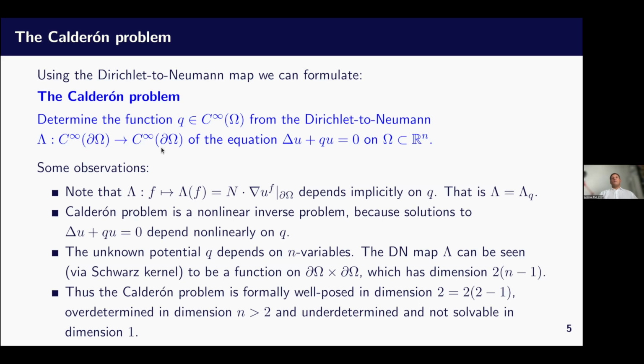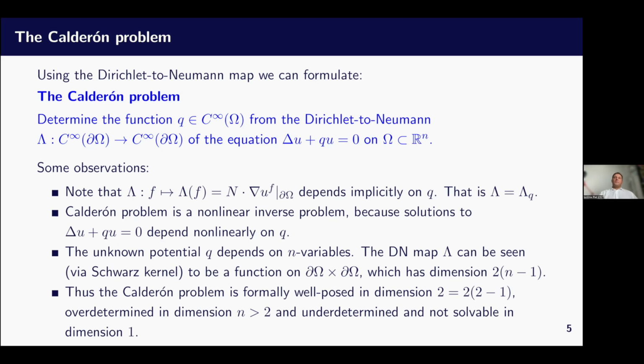So you can write this operator using its kernel, namely its Schwarz kernel, which is a function on the boundary of omega times the boundary of omega. The boundary of omega has dimension n-1, so the Schwarz kernel has 2 times n-1 variables.